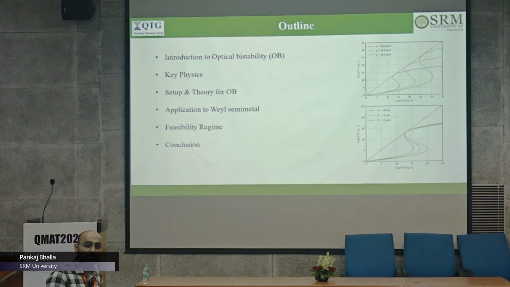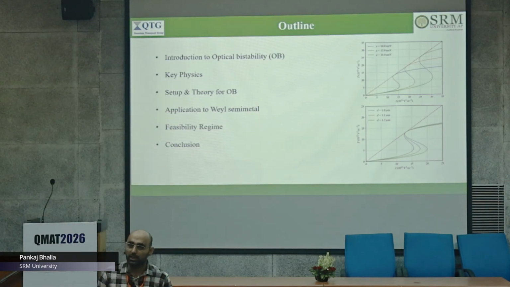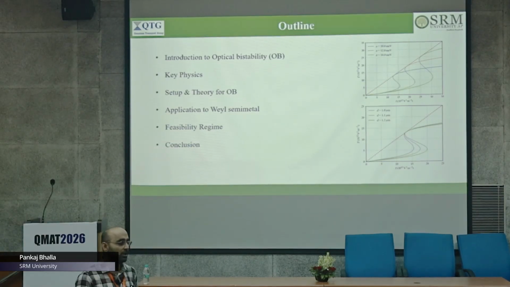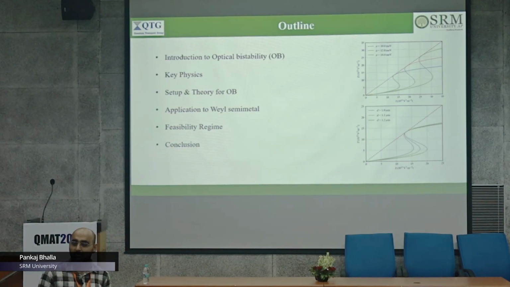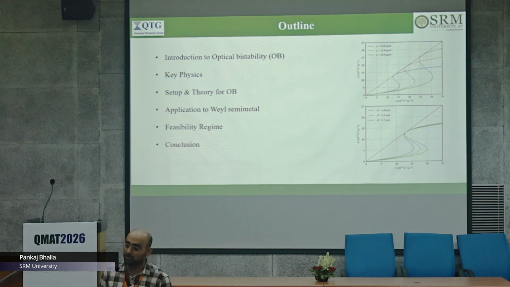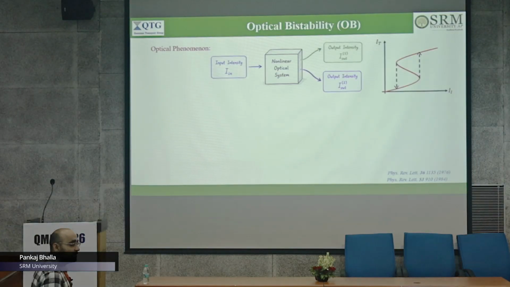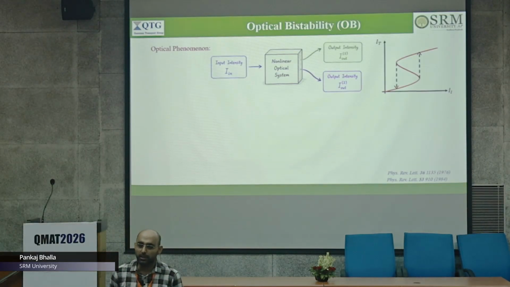Then I will move towards a new setup, an alternative route that we have proposed to get optical bistability, knowing the importance of the Berry curvature and the non-linear effects. And then we will apply our theory to one very well known system, a Weyl semi-metal system, a time reversal broken system. Then we will explain the feasibility regions where we can get such a feature, and then I will conclude.